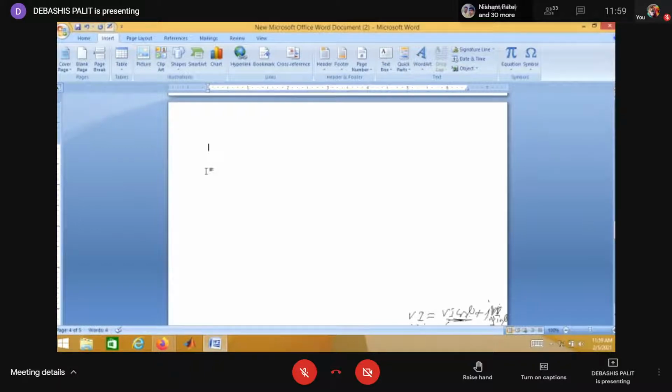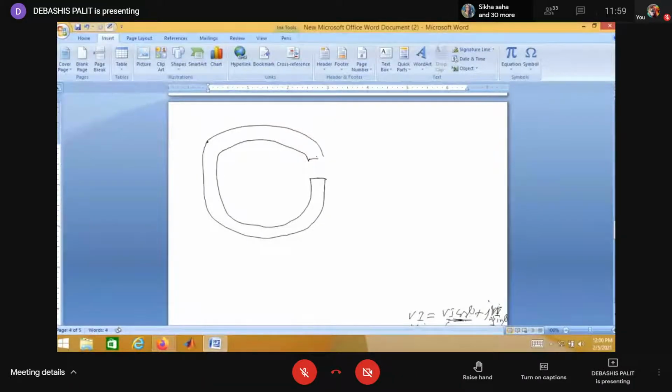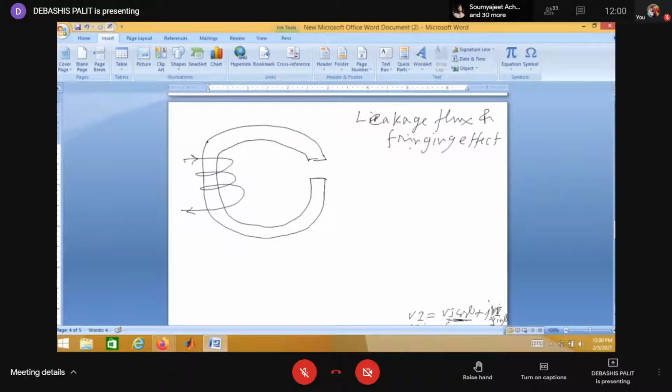Another thing is your leakage flux and fringing effect. I have already told you, if there is a magnetic path like this, leakage flux and fringing effect.